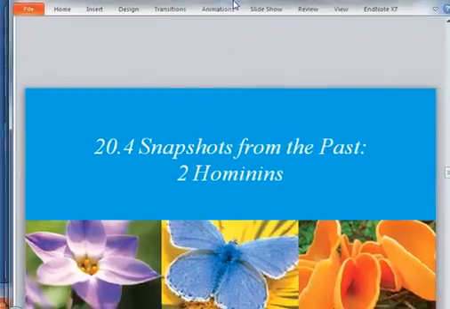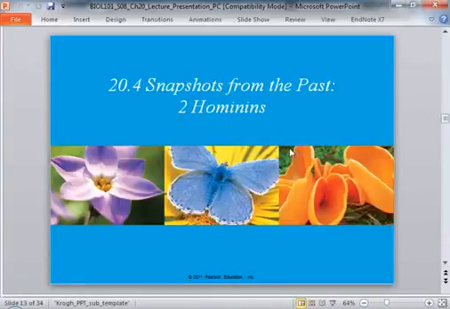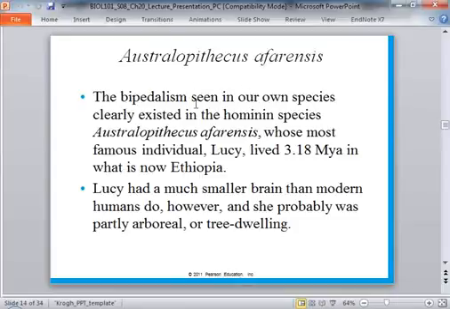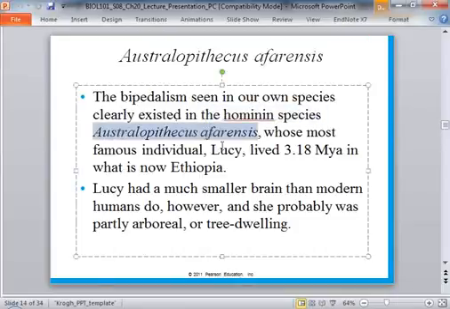So, let's look at a couple hominins from the past. And the first one is that Australopithecus afarensis that I told you about, whose most famous individual is this fossil known as Lucy from 3.18 million years ago in Ethiopia. And you can kind of see trends toward getting to modern humans already in Lucy.